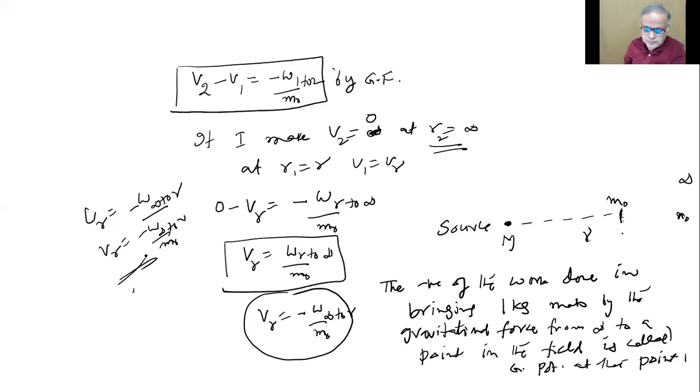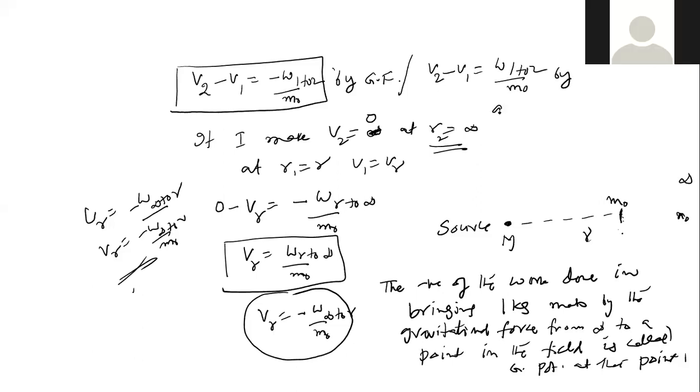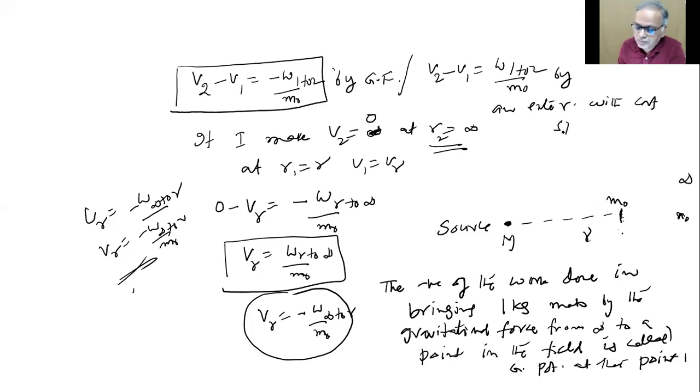Yes. Or you can also add here V2 minus V1 equals W12 by m naught, done by an external force with constant speed. Right? Yes, sir.